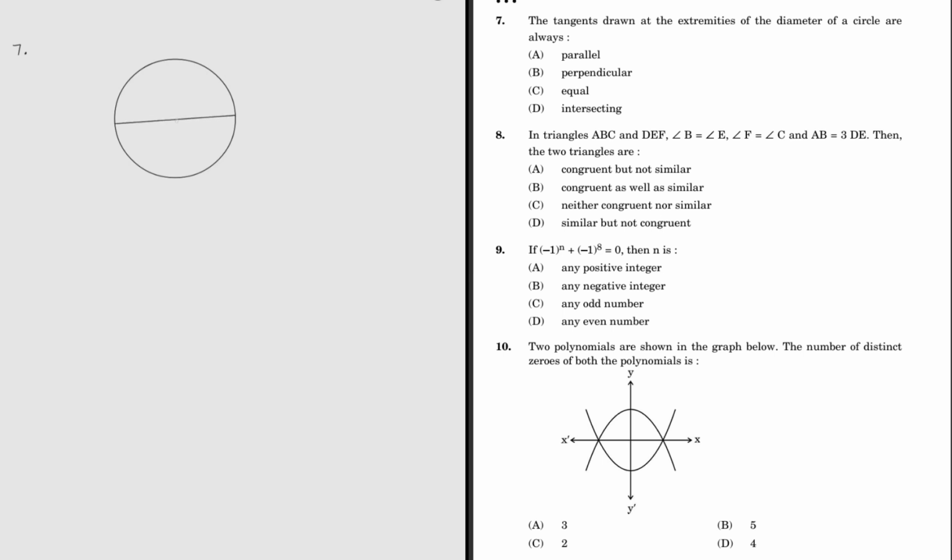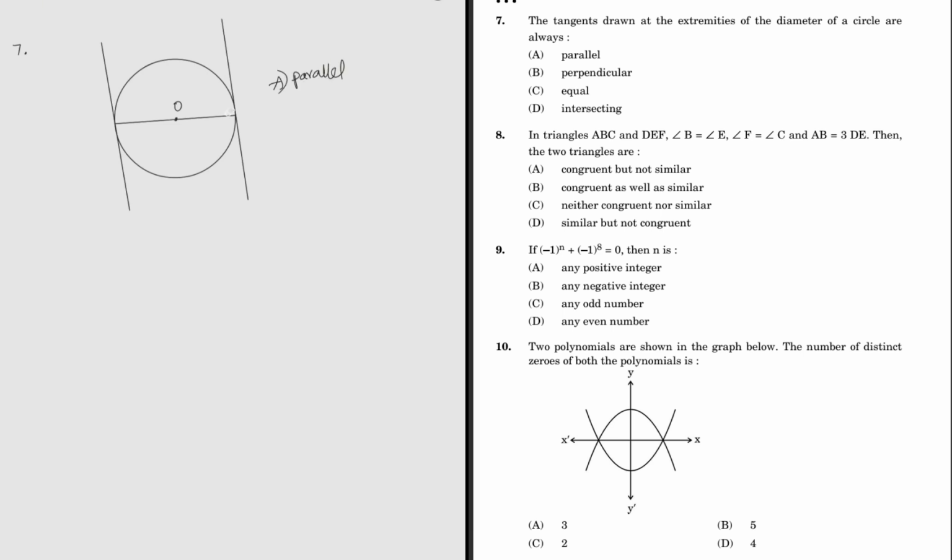And this is the diameter. This is the center O. Tangents drawn at the extremities of diameter are. So here we draw a tangent, and here we draw one more tangent. Okay, from the looks of it we can directly say that it is parallel. So the option for the seventh is option A, parallel.